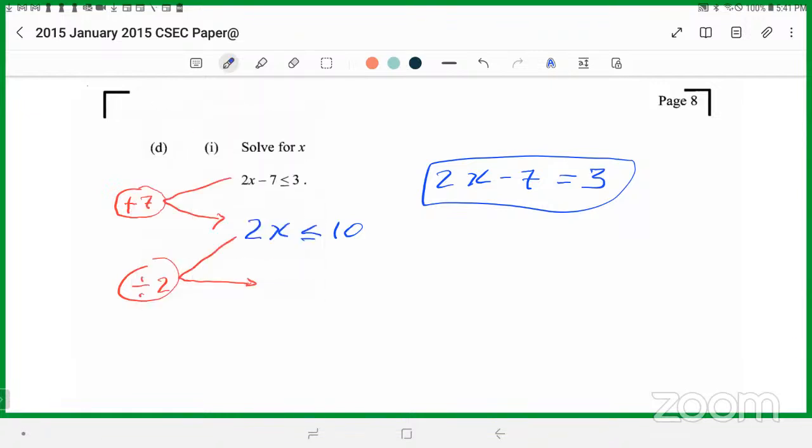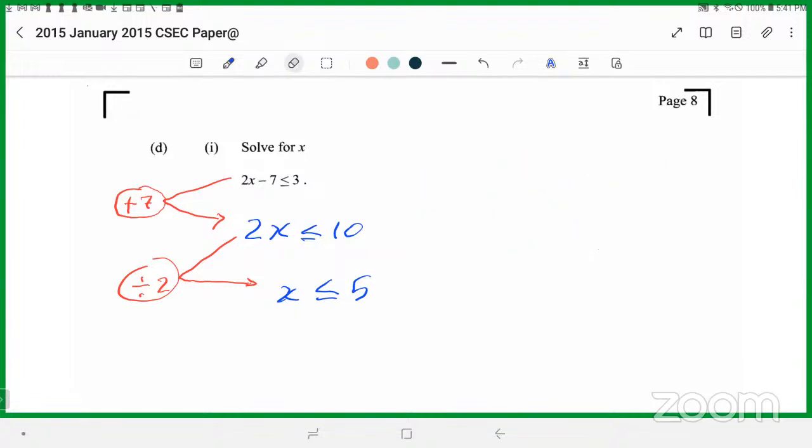Where now, we'll divide this side by 2, we're going to get x. The sign stays the same because we're dividing by a positive number. Less than or equal to, divide this by 2, we get 5. That's the answer. If you're solving the equation, the same steps, you would get x equals 5. So this has an inequality on it. That is it. That's the answer right there.